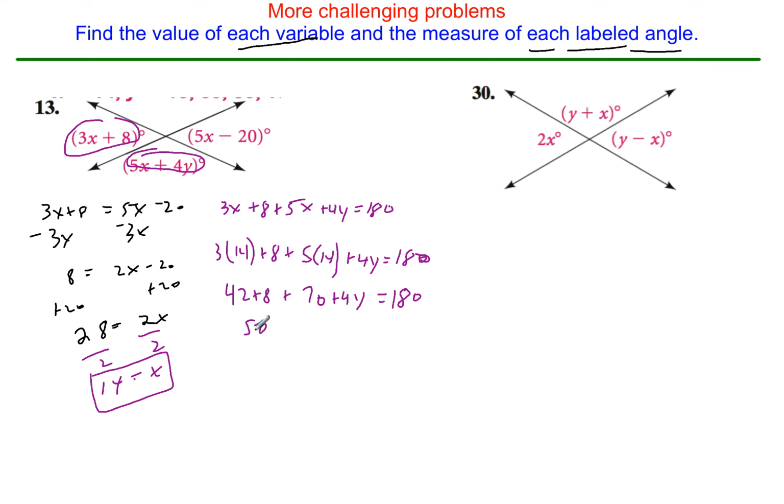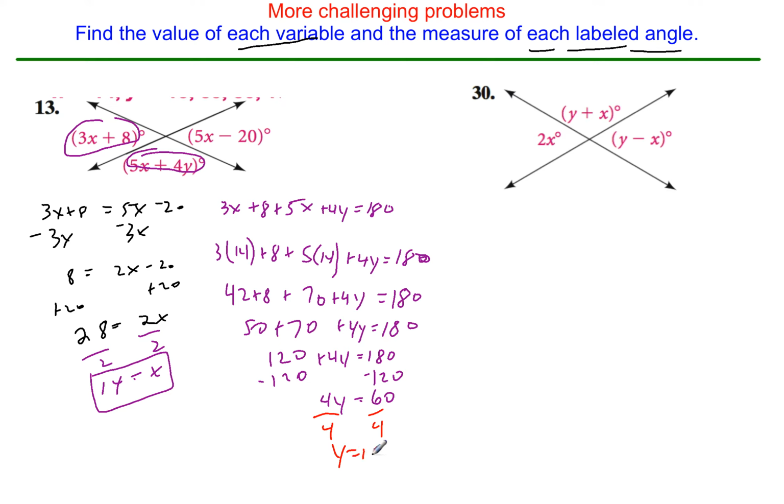So I have 50 plus 70 plus 4y is equal to 180. 70 plus 50 is 120. So I have 120 plus 4y is equal to 180. I subtract 120 from both sides of my equation, and what I get is 4y is equal to 60. Dividing both sides of your equation by 4 gives you y is equal to 15.